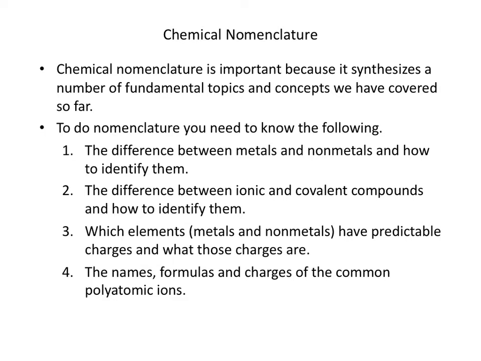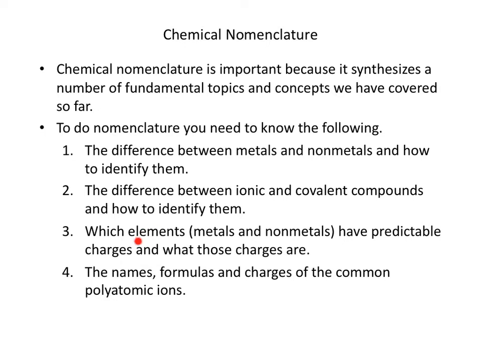Now, the good news is, if you do become really familiar with these fundamental topics, it makes chemical nomenclature really easy. So, the things that you really need to be comfortable with are: you've got to know the difference between metals and nonmetals and how to identify them based on their position on the periodic table. You need to know the difference between ionic and covalent compounds and how to identify them.